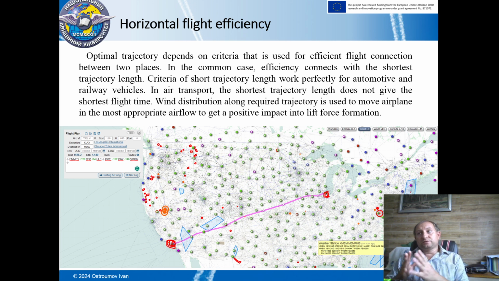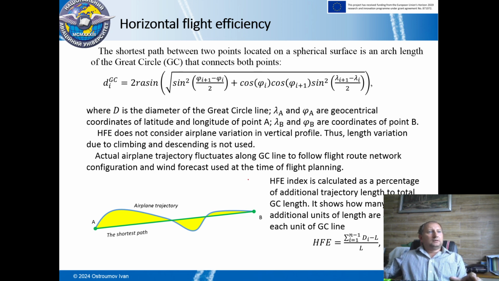That's why in this research we study horizontal flight efficiency, which means how we deviate from the optimal flight trajectory. Actually, when we talk about horizontal flight efficiency, usually we need to follow a specific formula for how to calculate it.